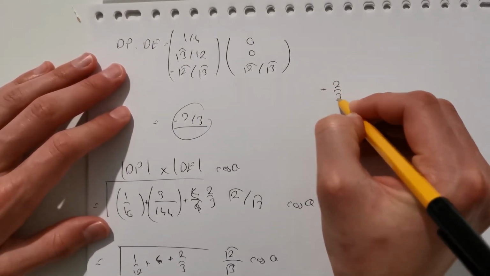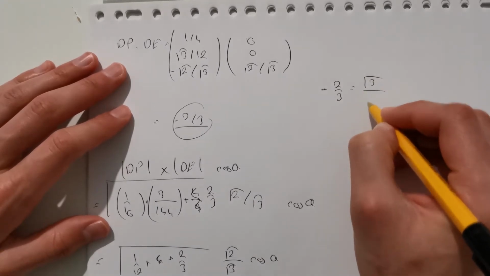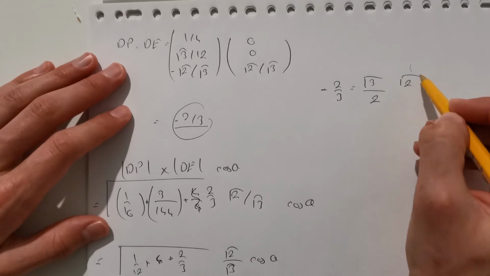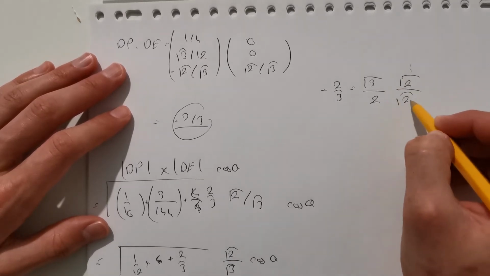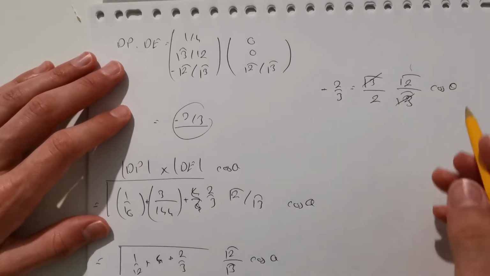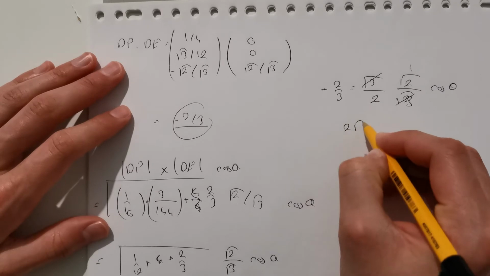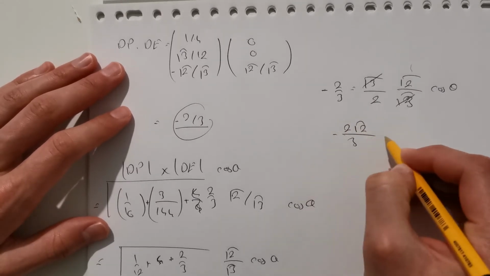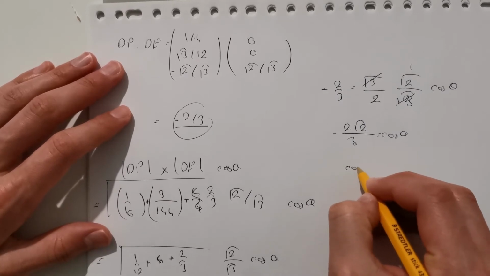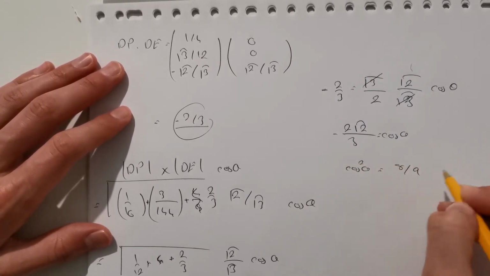So if I equate minus 2/3 to root 3 over root 4 is 2, root 2 divided by root 3, cancel these two, and cos theta. So this gives me 2 root 2/3 equals cos theta. Squaring both sides gives me cos squared theta equals 8/9.